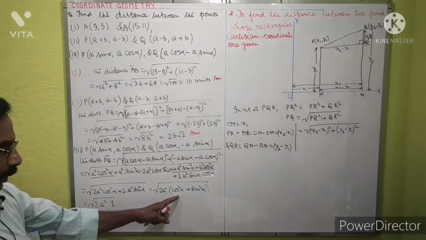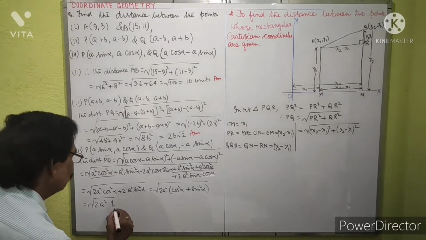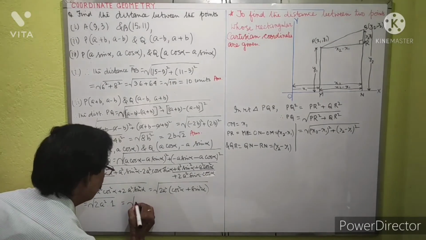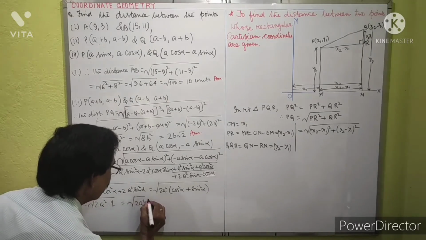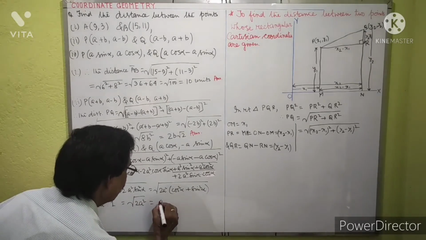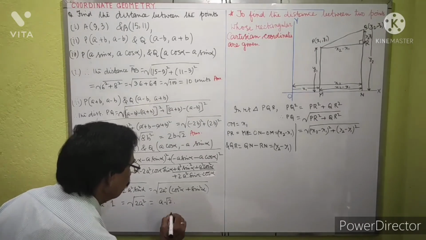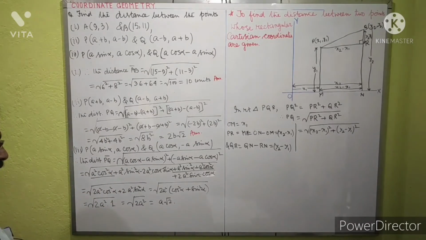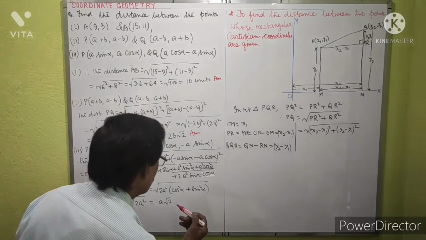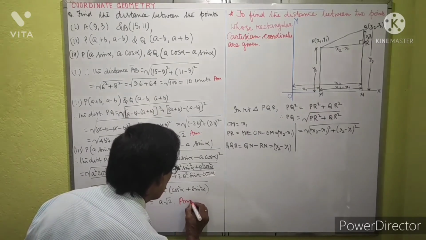Why? Sin square alpha plus cos square alpha equal to 1. Root over of 2 a square is equal to a root 2. Therefore, the distance equal to a root 2. This is the answer.